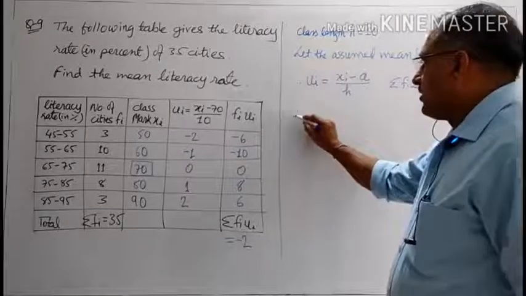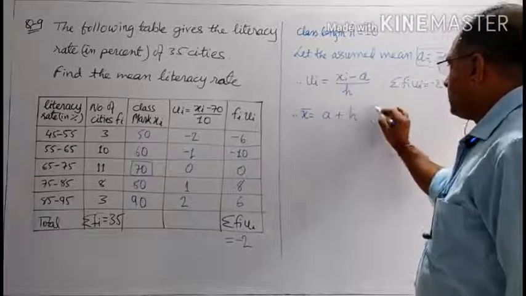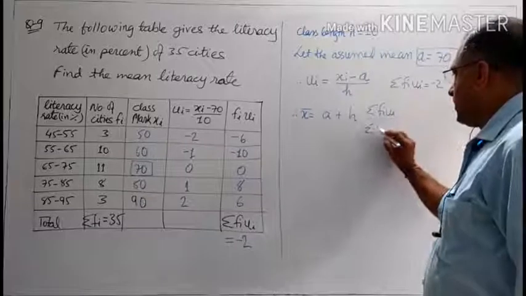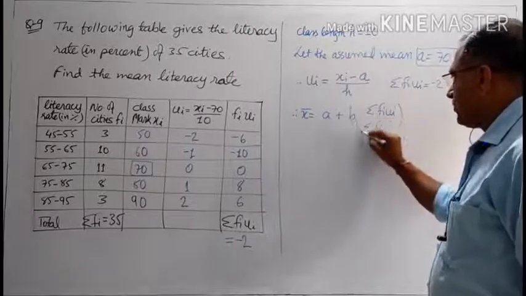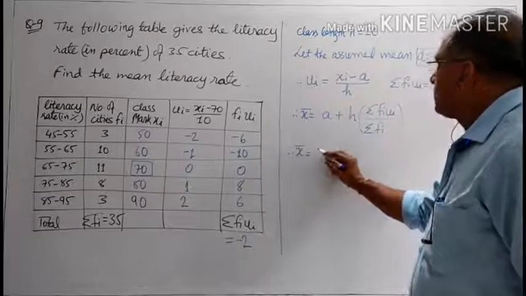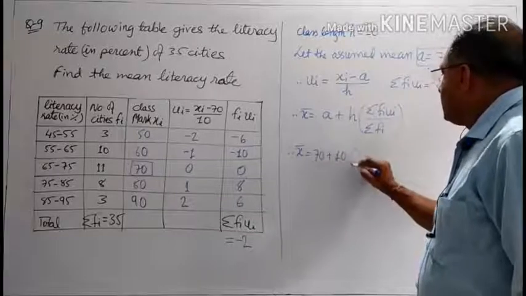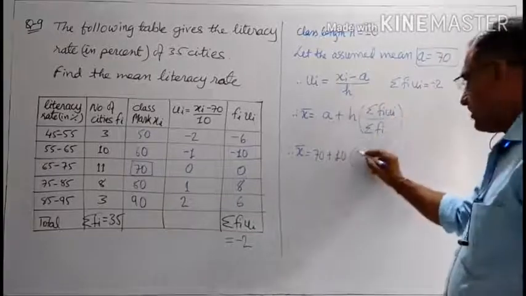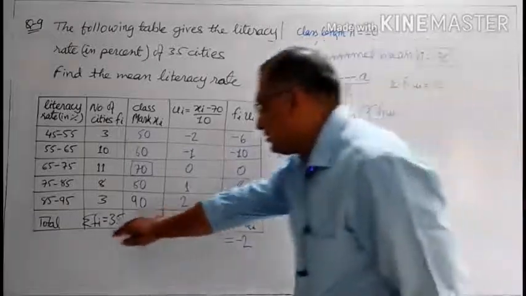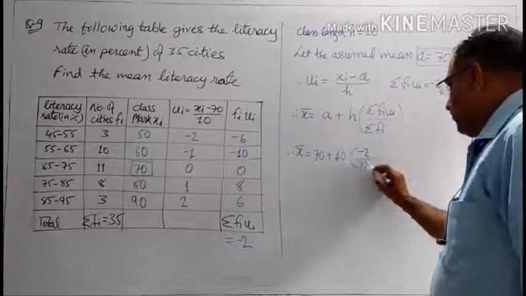So now we can calculate. Therefore mean is equal to assumed mean plus class length times sigma fi ui divided by sigma fi. Let us substitute the values. Here A is the assumed mean, we have taken 70, plus class length 10 multiplied by sigma fi ui, which is negative 2, divided by sigma fi, that is the sum of the frequency, the number of cities, 35.